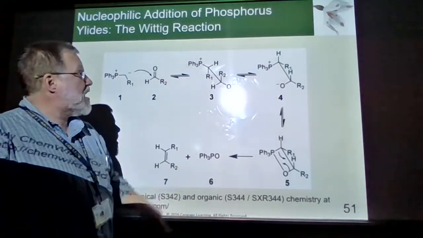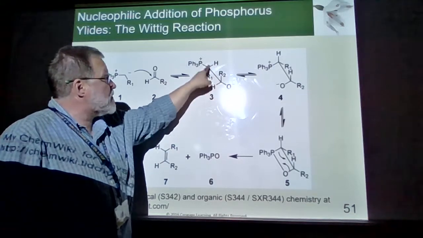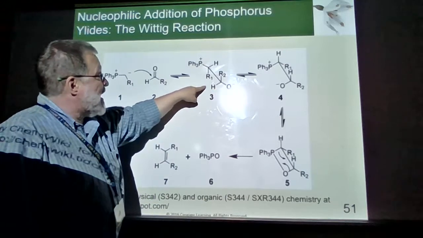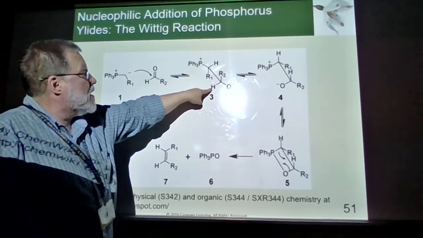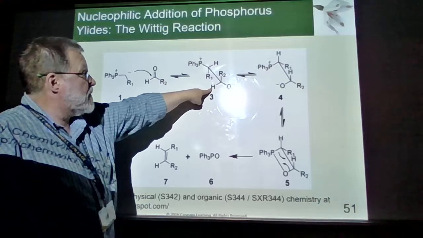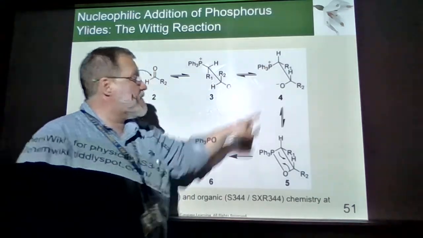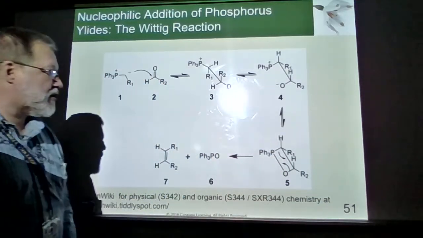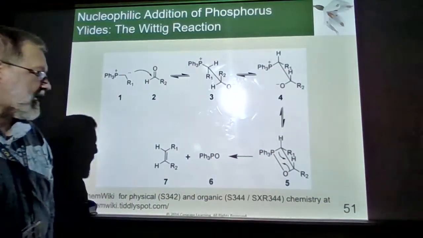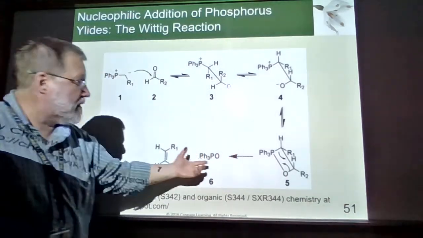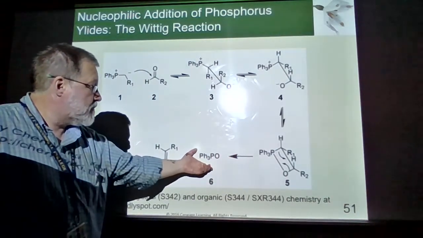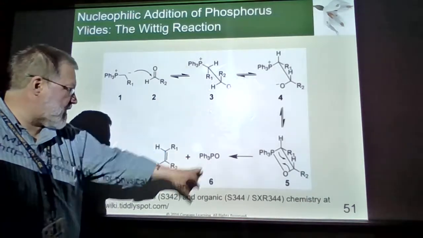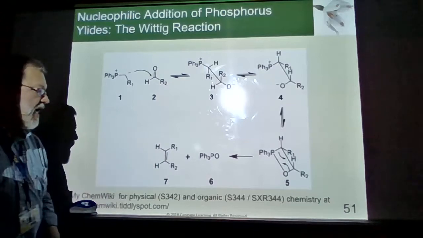There is bond rotation that can occur about this carbon-carbon bond, such that the R2 rotates around and the oxygen is brought into position where the hydrogen was. You have this oxygen next to this positively charged phosphorus. It can then form this four-membered intermediate, what's called a betaine, and you eliminate triphenylphosphine oxide and the corresponding alkene.